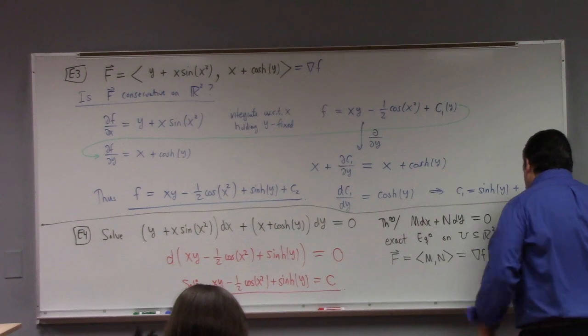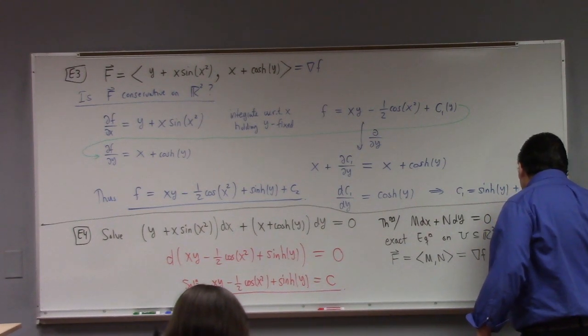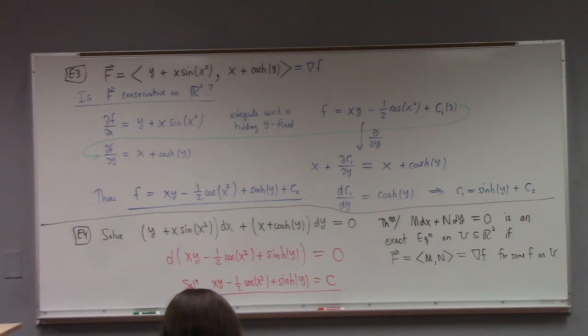It's equal to the gradient of little f for some f on U. In other words, an exact equation is one for which the coefficients of the differential equation, the M and N, correspond to a conservative vector field.